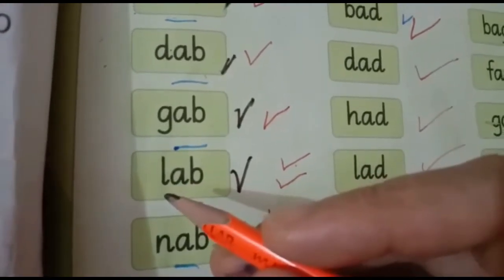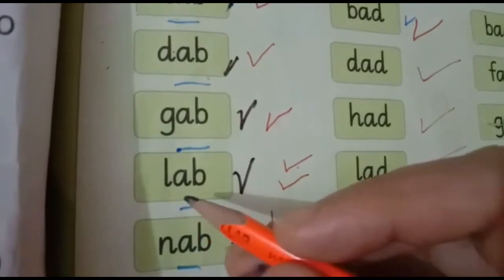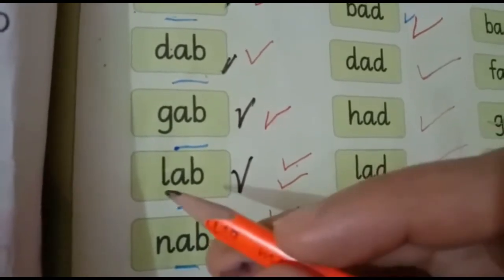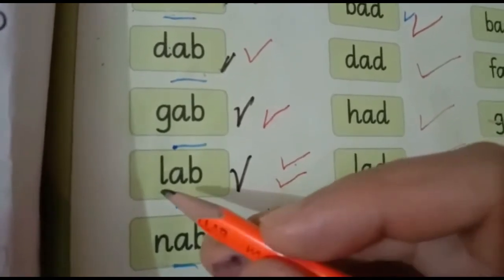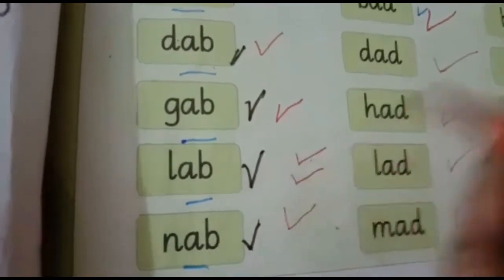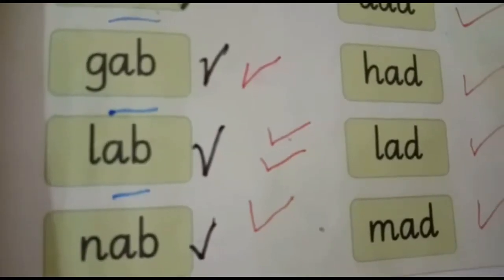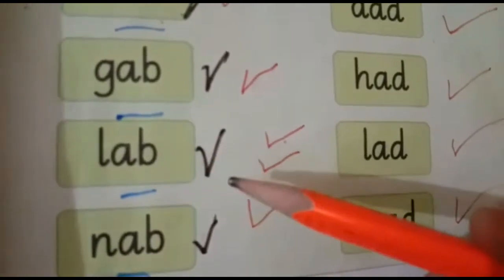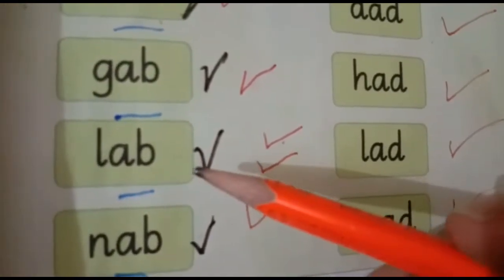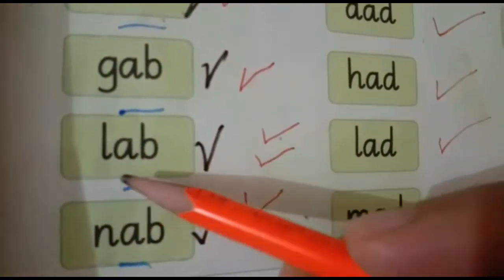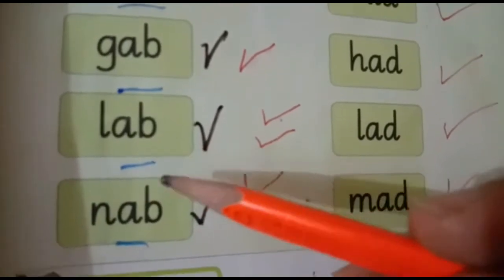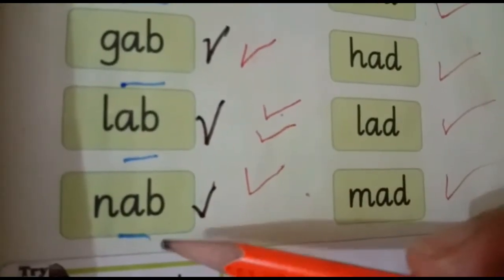L, A, B. Lab. This is lab. The meaning of lab is a workplace for science research. This is called lab.